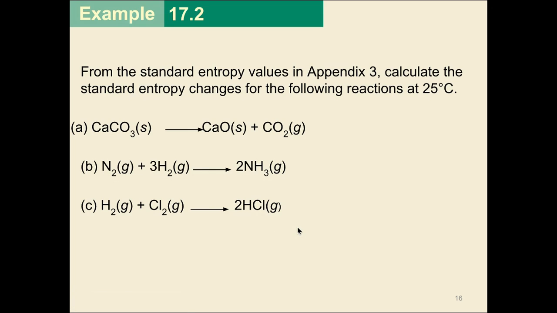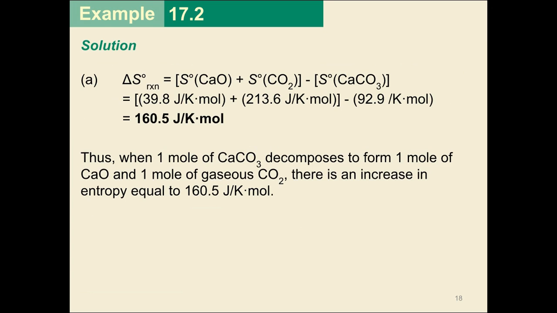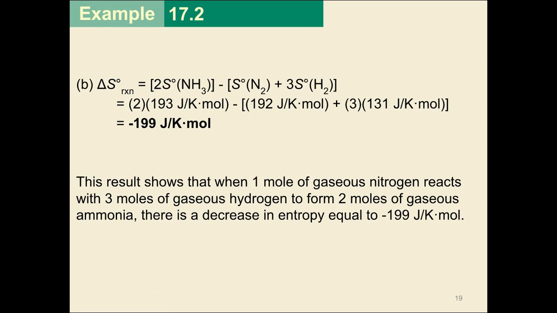But let's get the exact numbers just to back up what we're doing. Let's look at this first one for calcium carbonate decomposing. You see a very large positive entropy, which makes sense. There's an increase in gaseous particles. For part B, you can see how they multiply the values times their coefficients, and you subtract the sum of each value multiplied by its molar coefficient.